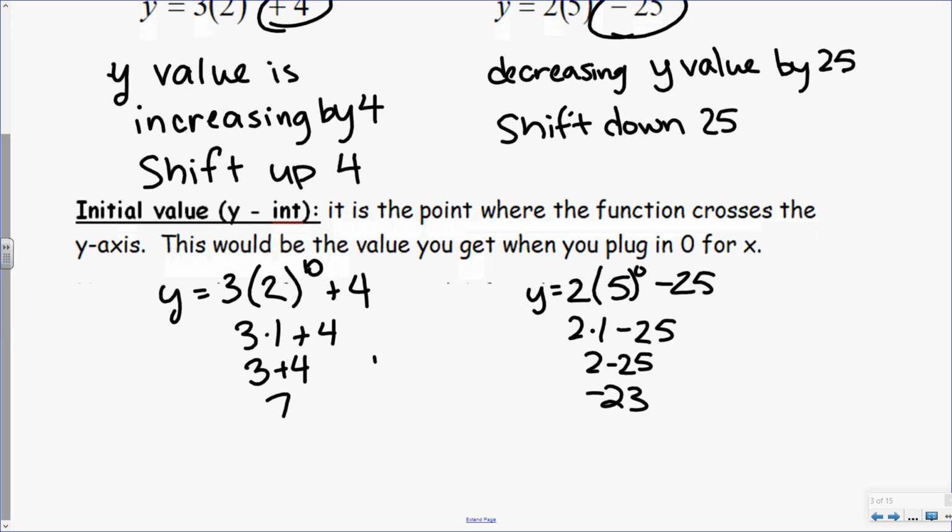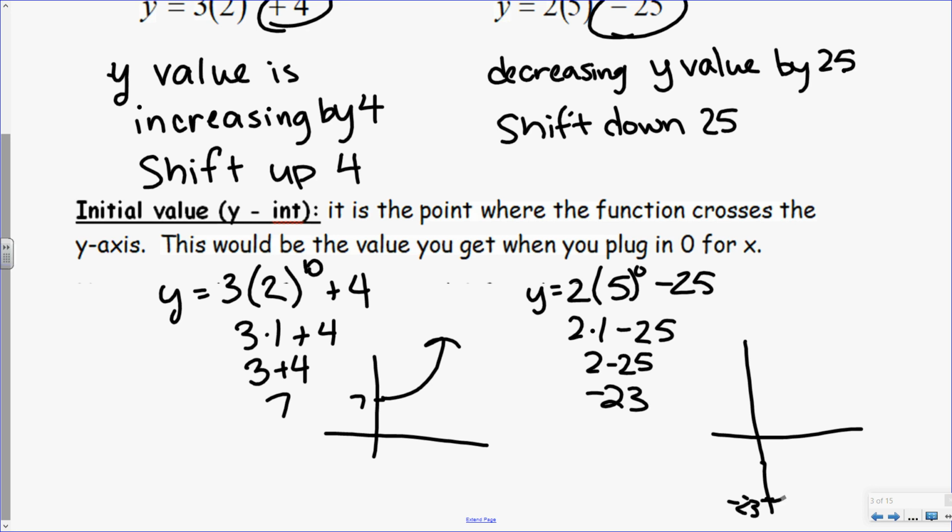So my graph would look like this at 7, and it's going to go like this. And this one at negative 23, and it's going to go like this. Okay?